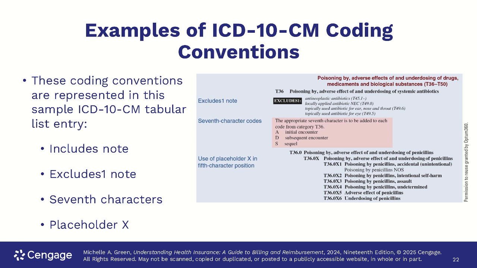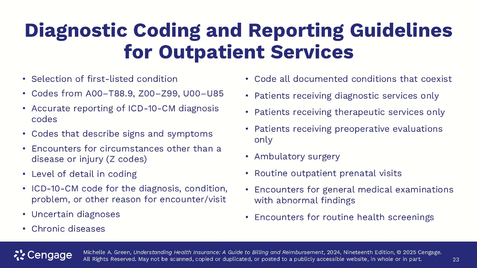And this is important because you may have more than one pink box in a particular area. So you want to make sure, oh, if I'm using a code that is T36, these are the 7 characters that go with that code. The other thing that is important to call out is how, when appropriate, we need to ensure that if we are using a 7th character, that we have 6 characters that precede it. But I know you guys know that because you've already had intro to diagnosis coding.